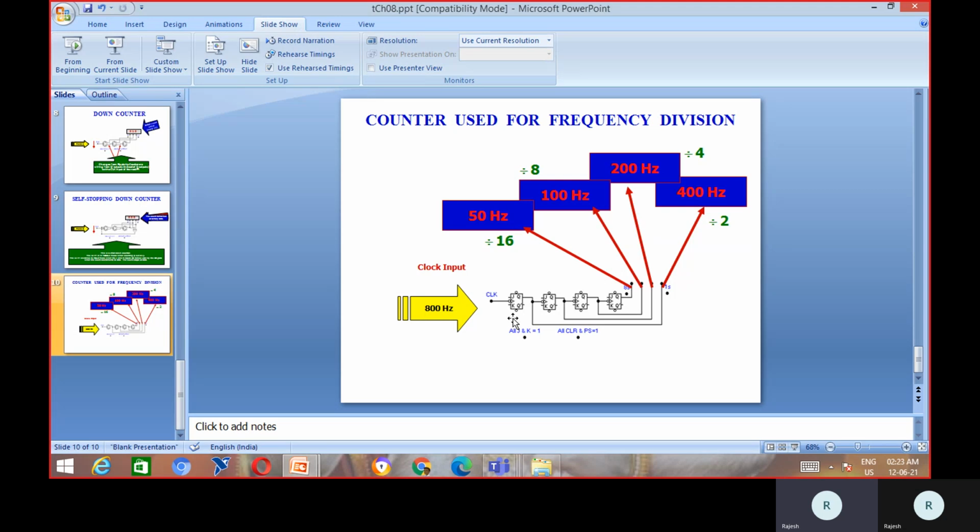The output generated by the first flip-flop is the clock to the next stage, so that is reduced by 2 times, it is 400 hertz. The next flip-flop output is divided by 4, it is 200 hertz. The third flip-flop output is divided by 8, it is 100 hertz.